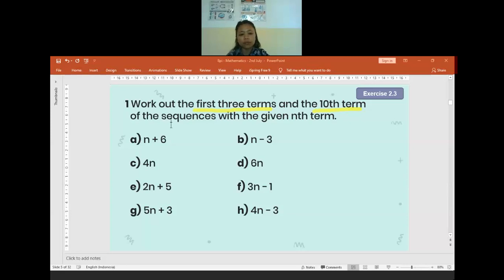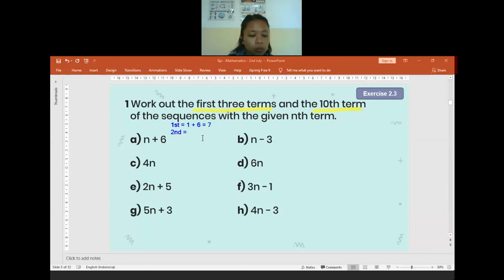Anyone want to help me? What is the first term in question 1A? It will be 1 plus 6, which equals 7 for the first term. If second term, what number will it be? Yes, it will be 8 for the second term. Now what about the third term?